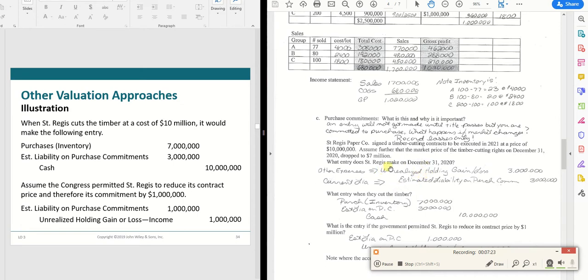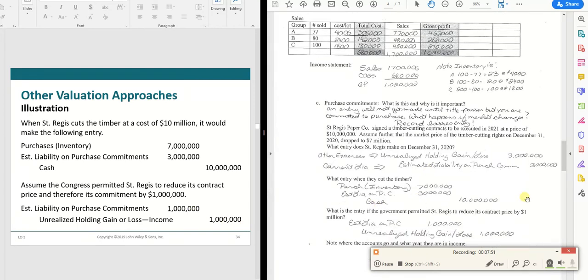The only reason I'm making this entry is because year end is December 31st, and I need this loss in 2020 because it happened in 2020. If this happened in January of 2021 and then I bought it in February of 2021, I wouldn't make this entry. So I only adjust purchase commitments at year end.